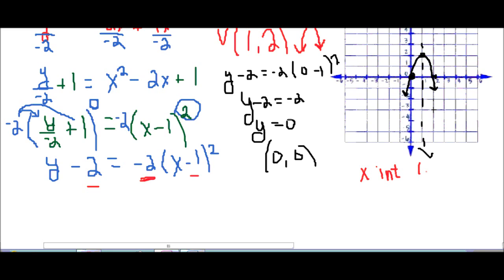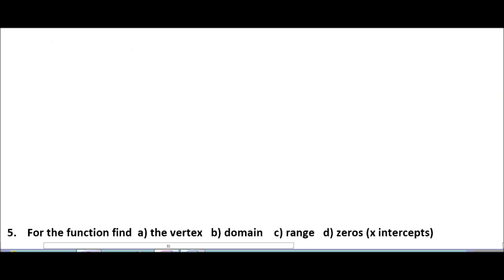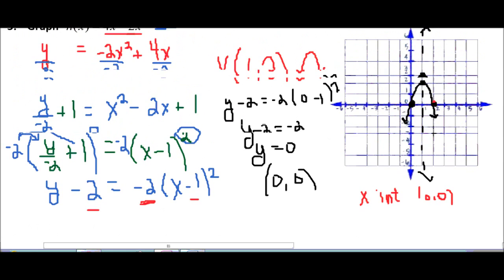But we actually found the x-intercepts. They were 0, 0, because remember that origin. And also, this point right here is where it crosses the x-axis. So, whoops, sorry about that. So your other x-intercept is the point 2, 0. So in this case, we actually found the x-intercepts without even really trying to find them.